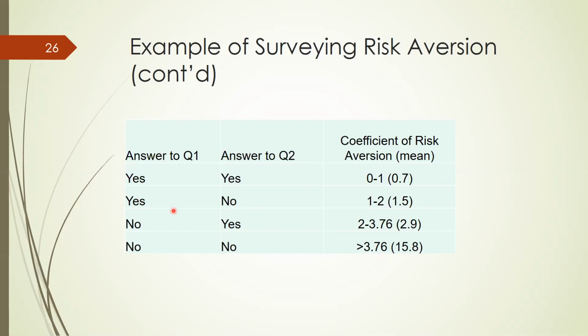If your answer is yes-no, the coefficient is 1 to 2, which is still more risk tolerant than the average. If the answer is no-yes, your risk aversion coefficient is between 2 and 3.76, which is very typical. But if your answer is no-no, your risk aversion coefficient is above 3.76 with a mean of 15, which is very high.